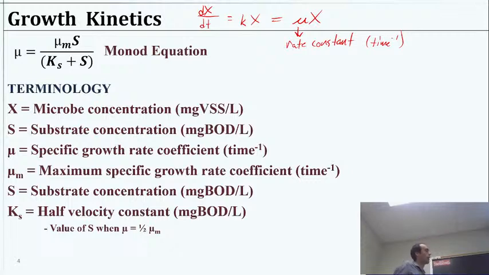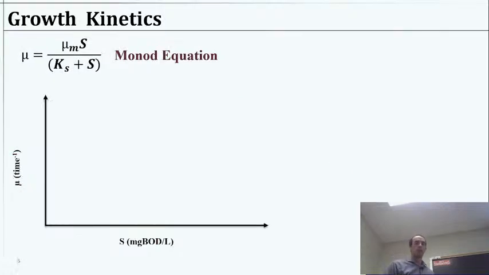So this is just a little bit arbitrary, but again, looking at the equation, we can kind of get a feel for it. If they have as much food as they'd like to have their maximum, then S is large compared to Ks, but Ks itself is kind of the halfway point there.